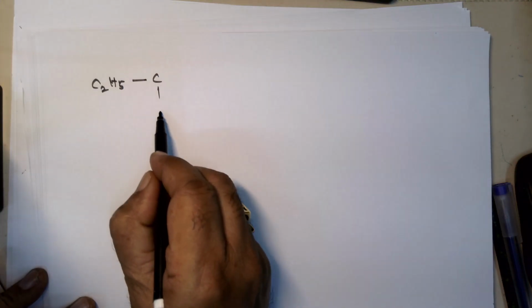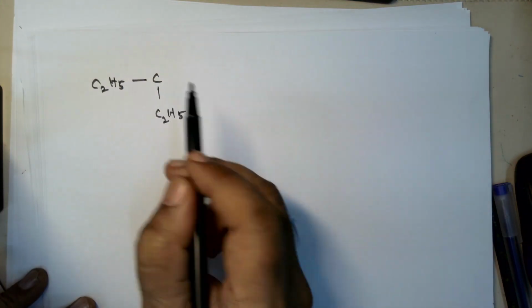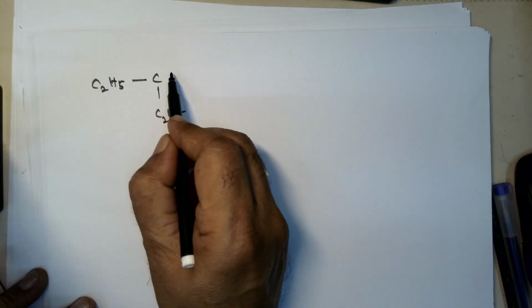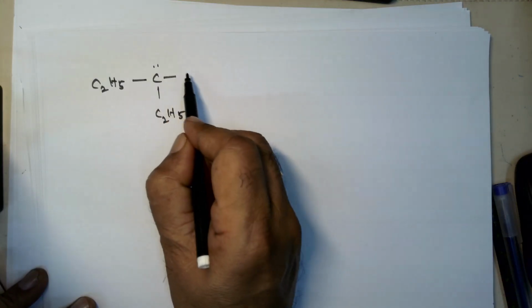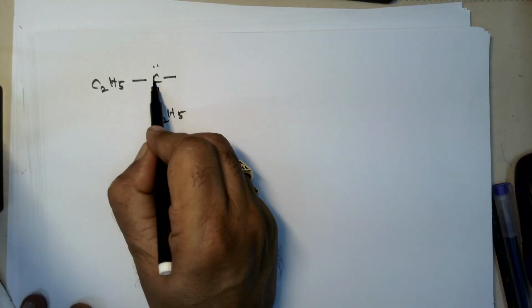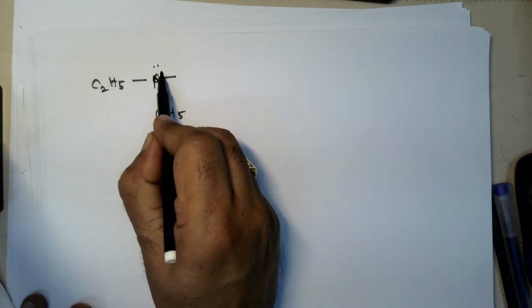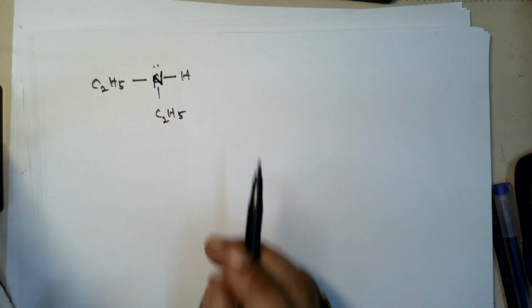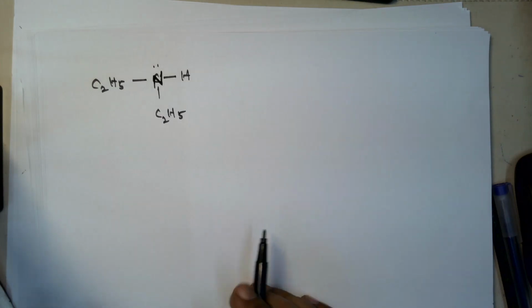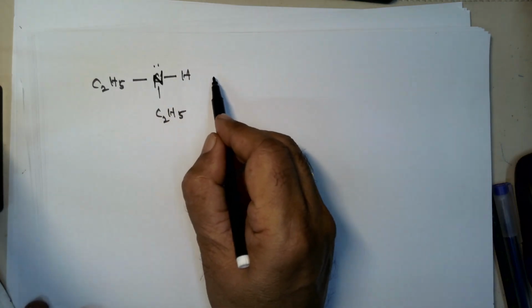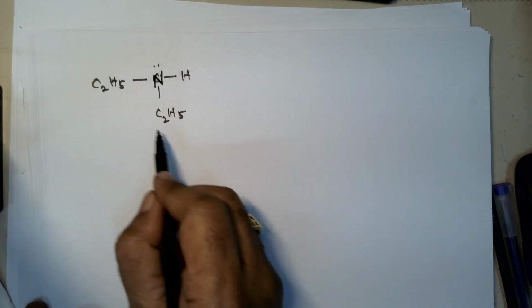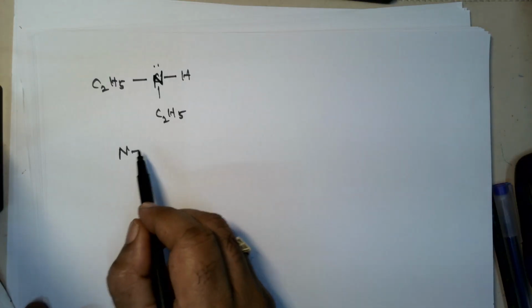Take C2H5, C2H5, and then N here, H. So this is diethylamine or N-ethyl ethanamine.